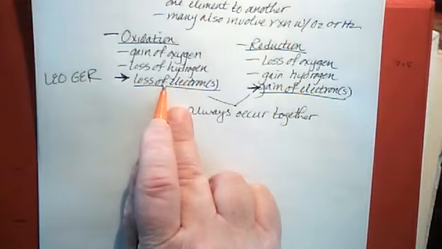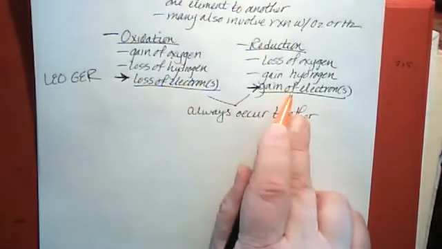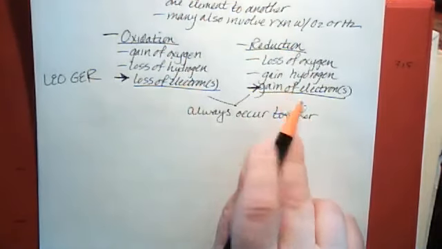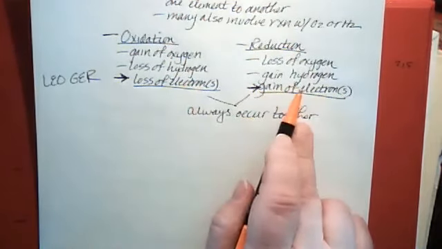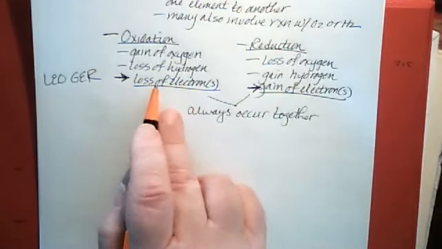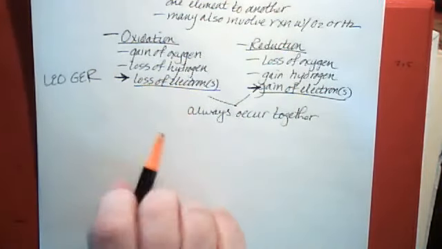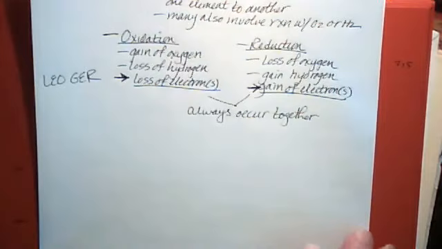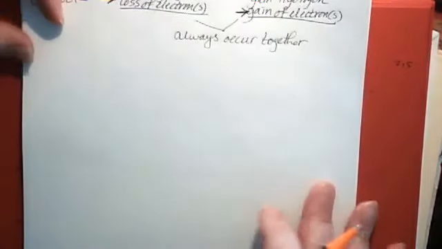The electron just can't sit around and exist on its own. It has to go into some other atom, and whatever atom is gaining the electron is being reduced. Or if an atom gains an electron in order to be reduced, that electron has to have come from somewhere, and wherever it came from, that was oxidized. So they always occur together.